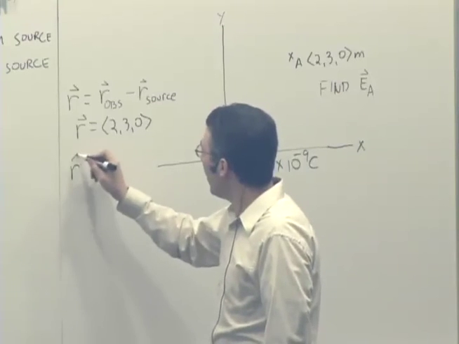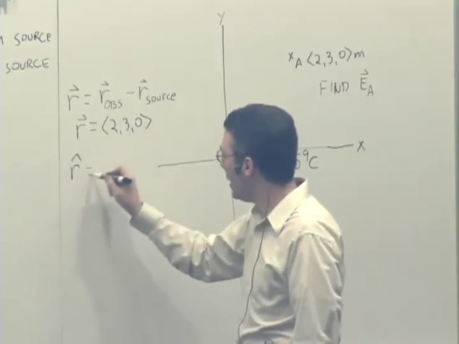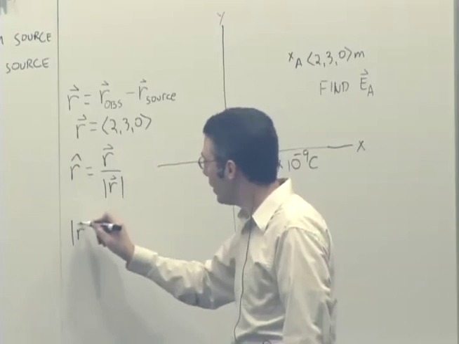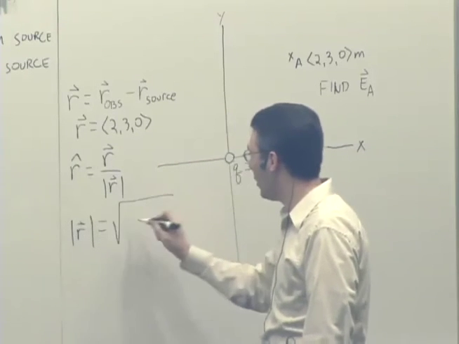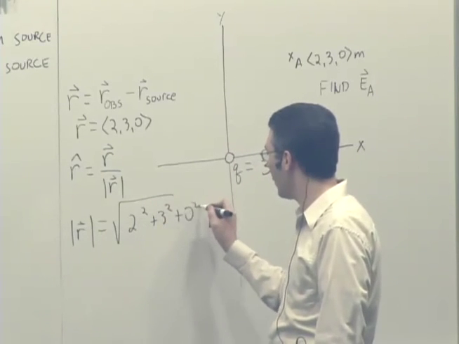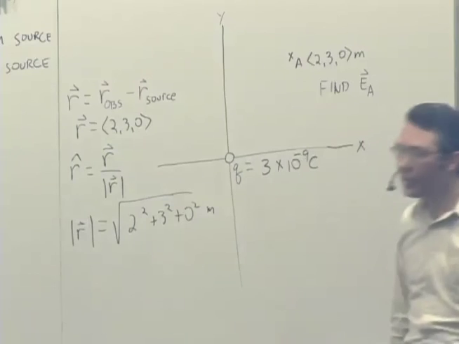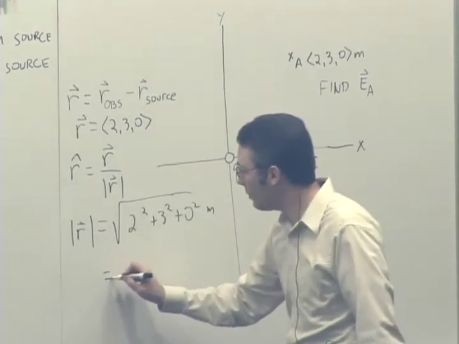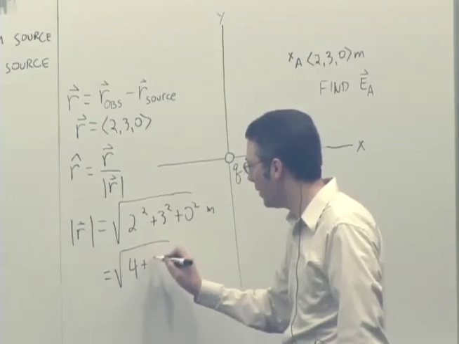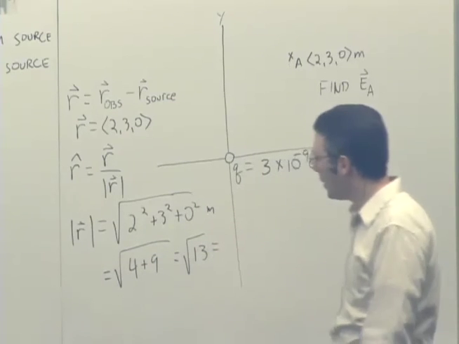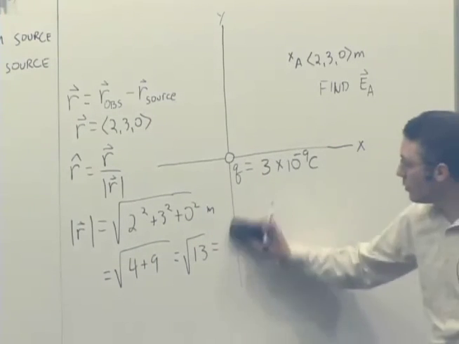We want to find R hat, so that means we're going to need the vector and the magnitude. The magnitude is going to be square root of 2 squared plus 3 squared plus 0 squared meters. So what's that work out to be? We have square root of 4 plus 9, or square root of 13, is 3.6.